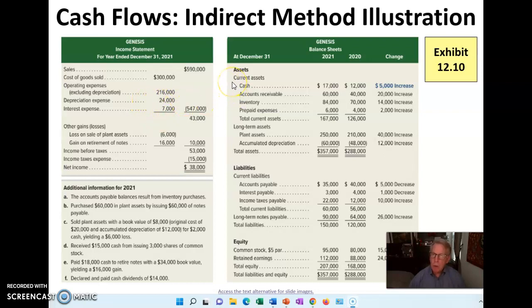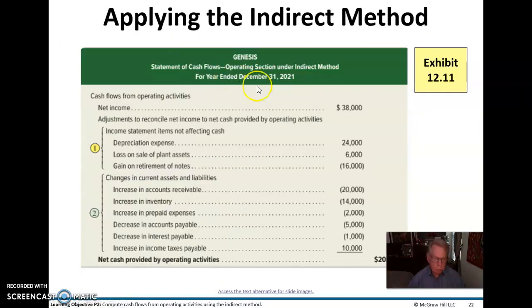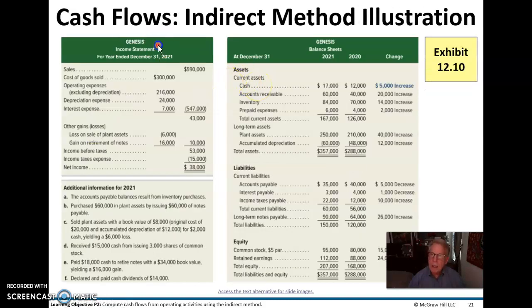When we left off, we were looking at illustrating the indirect method, and this is a beautiful illustration that they've done here. They've given us our income statement and a comparative balance sheet for Genesis.